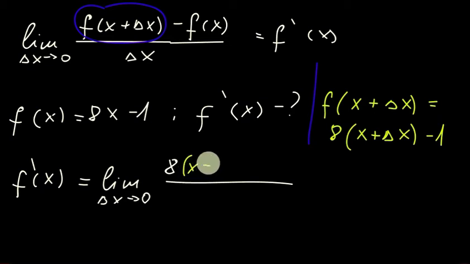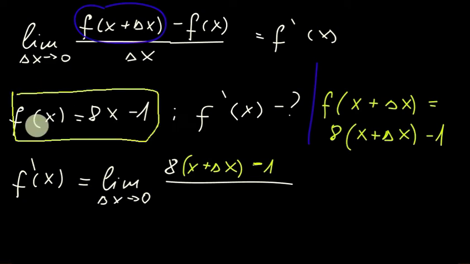Minus f of x. f of x is this, so I need to rewrite it. So minus 8x minus 1, and it is divided by delta x.